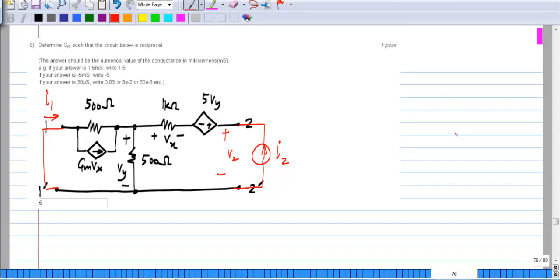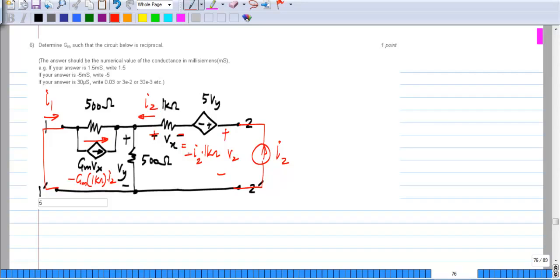So now we know that this Vx equals minus I2 times 1 kilo ohms, because I2 is simply flowing through this, and this GmVx will be, in this direction, minus Gm times 1 kilo ohm times I2. So the current here of course is I2.